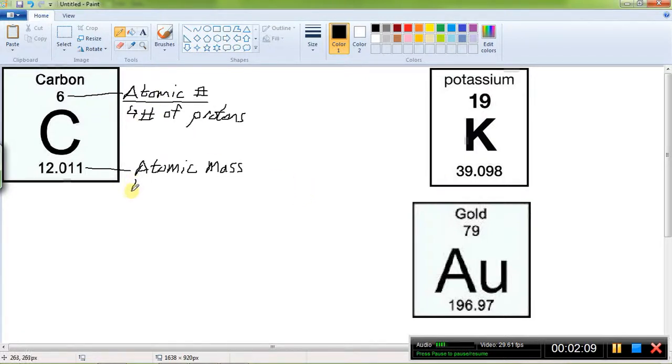This number down here is the atomic mass. And the atomic mass is defined as the number of protons plus the number of neutrons.